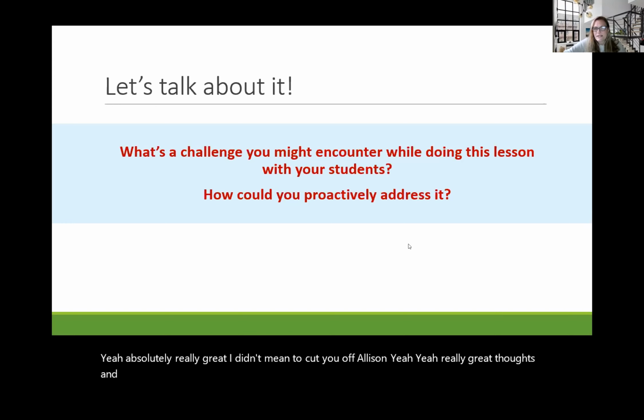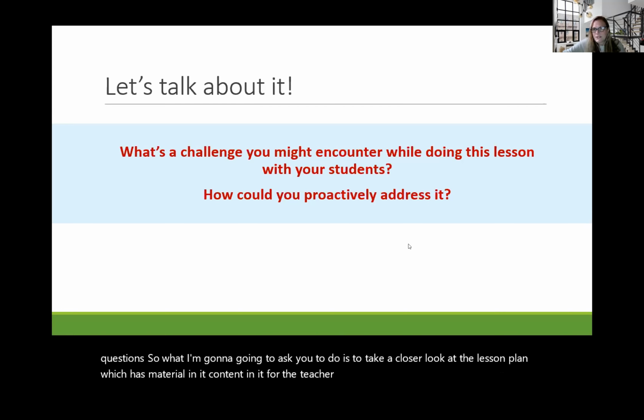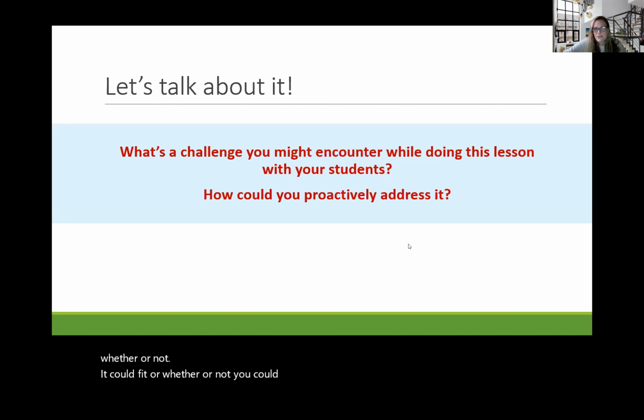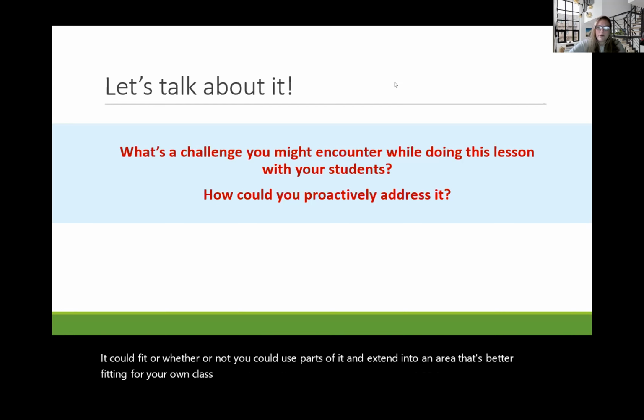So what I'm going to ask you to do is to take a closer look at the lesson plan, which has content and resources in it for the teacher, to see whether or not it could fit, or whether you could use parts of it and extend into an area that's better fitting for your own class. Terrific. Very good. Thank you.